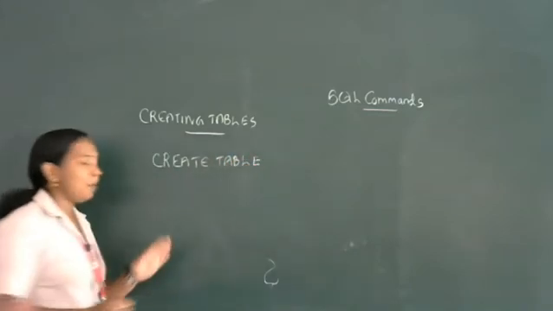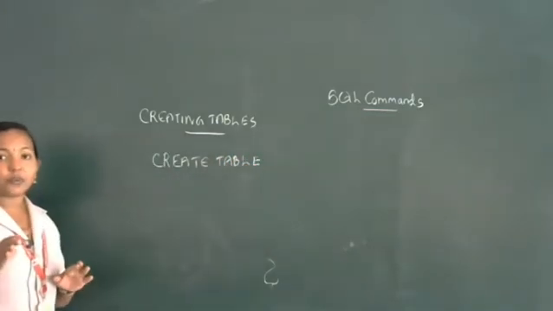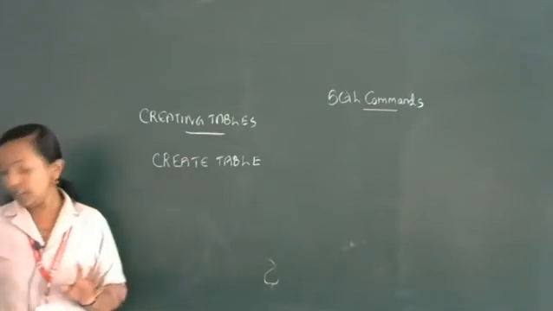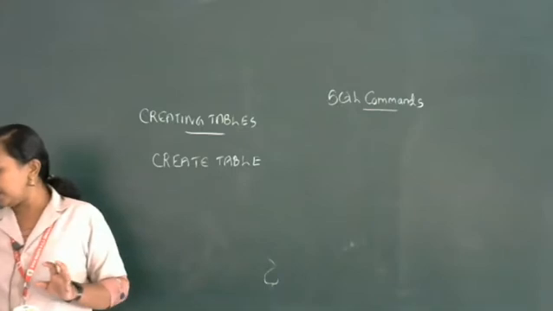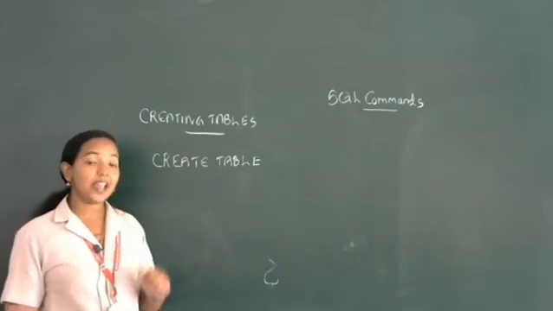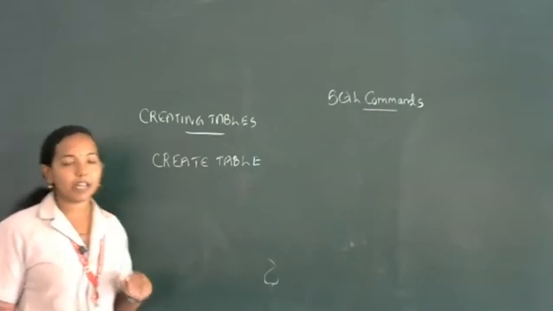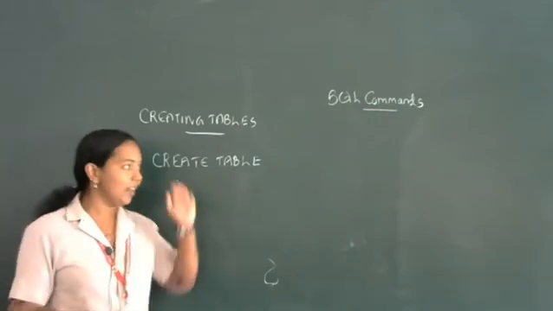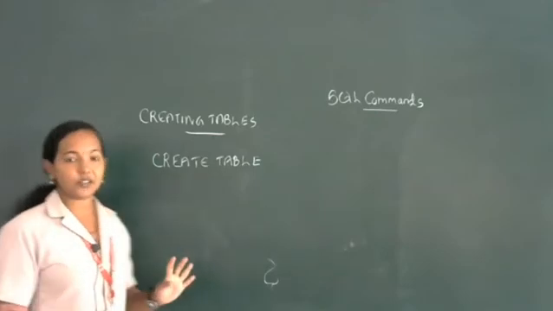Okay, the command that we use for creating a table is the create table command. So I am going to write the syntax for the create table command. In your textbook some angular brackets are given, but they are not required. The original syntax I will write.